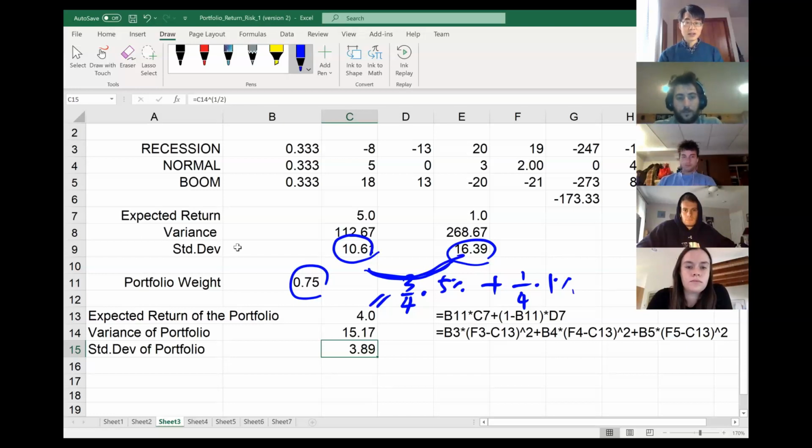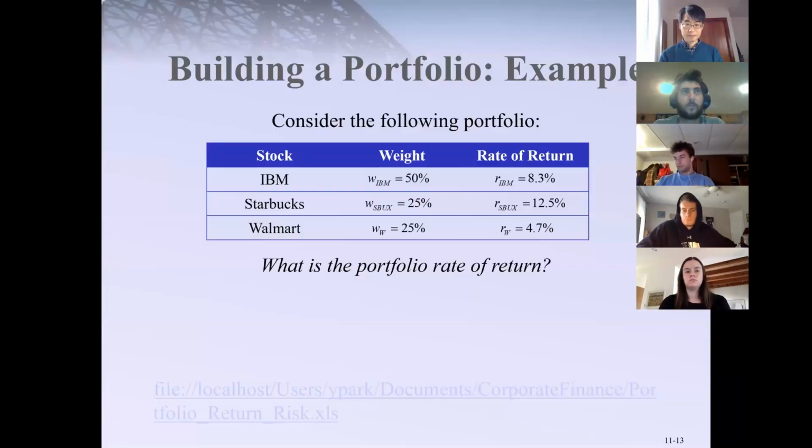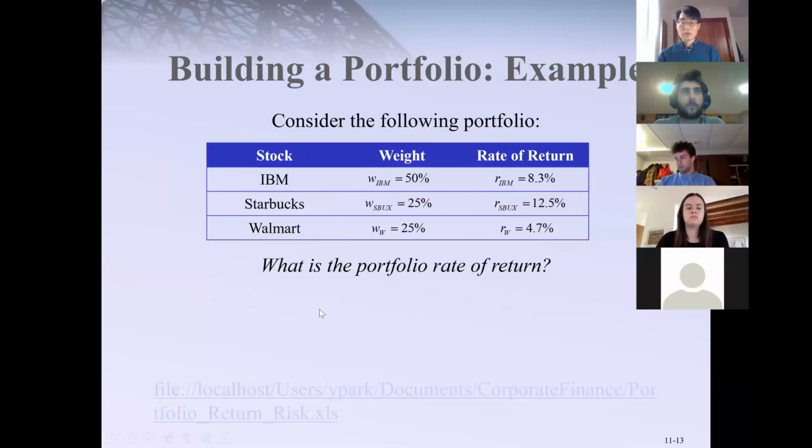Okay, so when we go here, let's say you invested in 3 different stocks, IBM, Starbucks, and Walmart, right? Weight of each asset is 50%, 25%, and 25%.